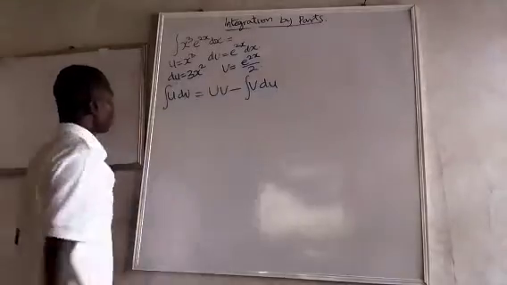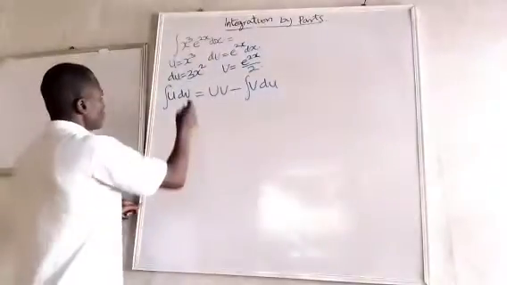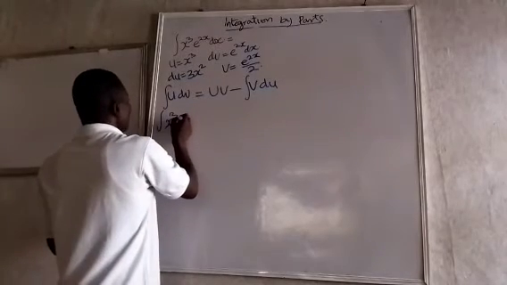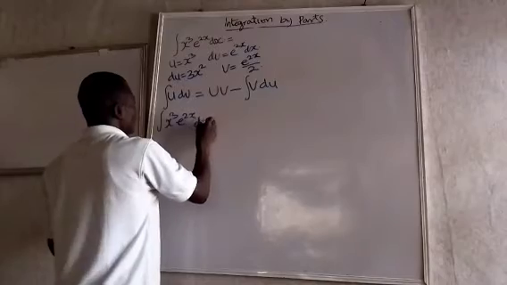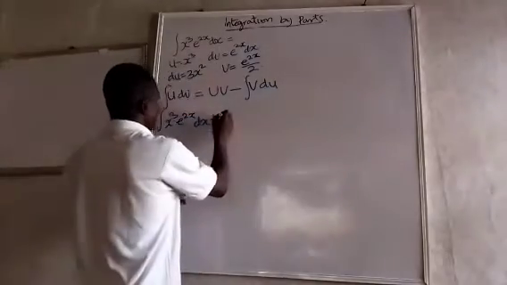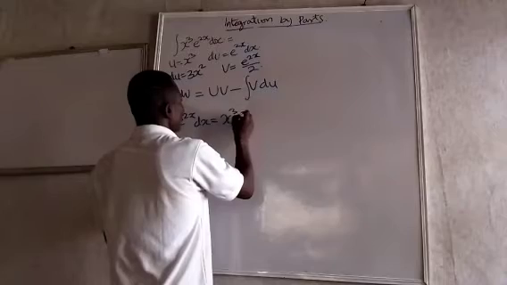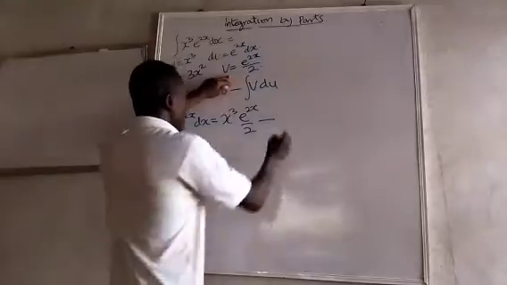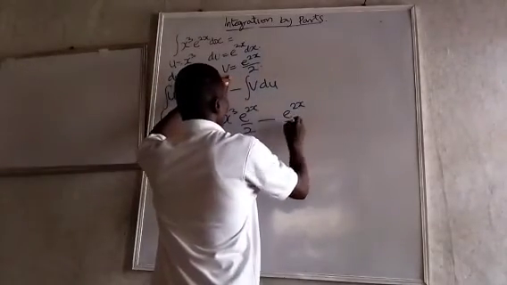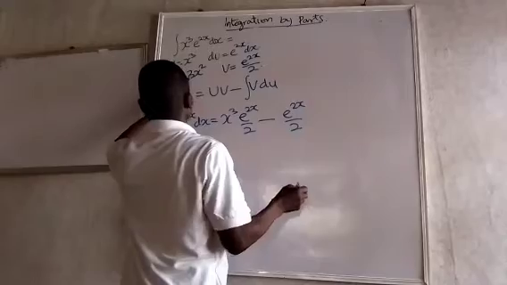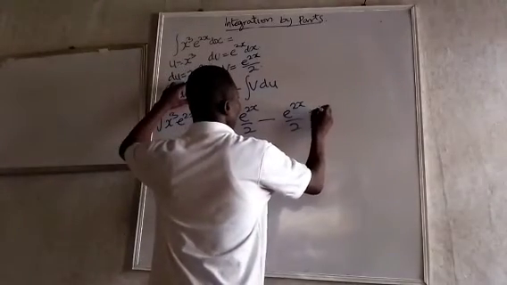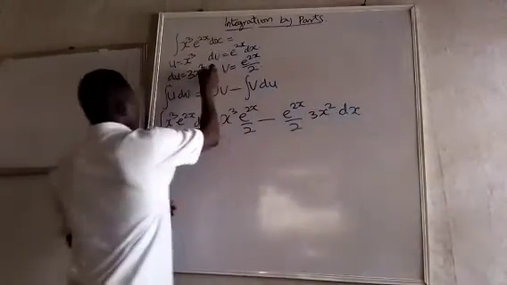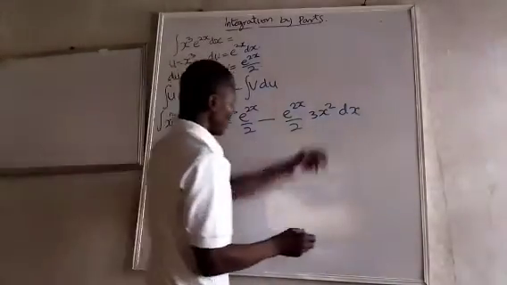So x cubed e raised to power 2x dx will be equal to uv, that is x cubed e raised to power 2x over 2, minus, what is our v? e raised to power 2x over 2, times our du, 3x squared dx. So that's what it should be.